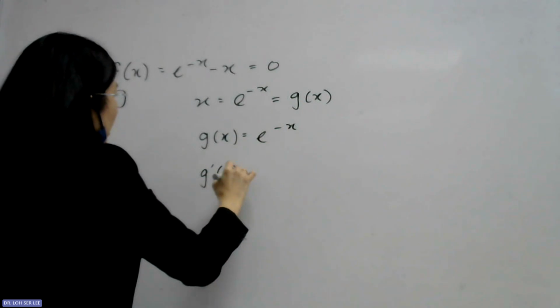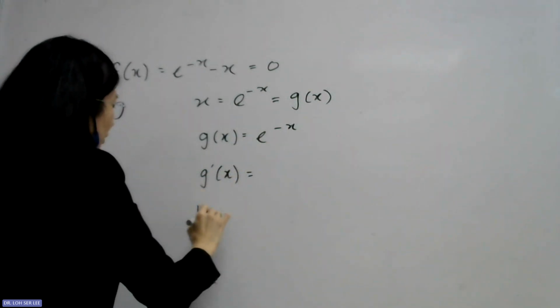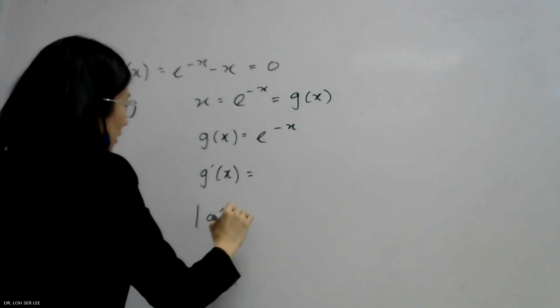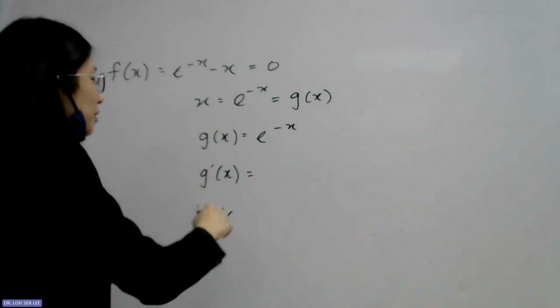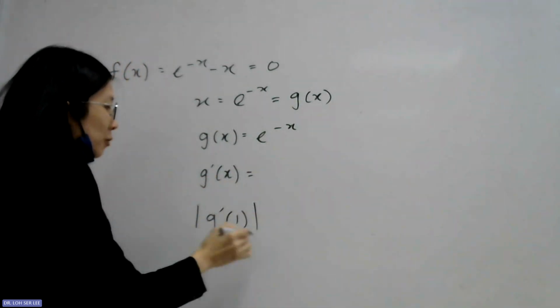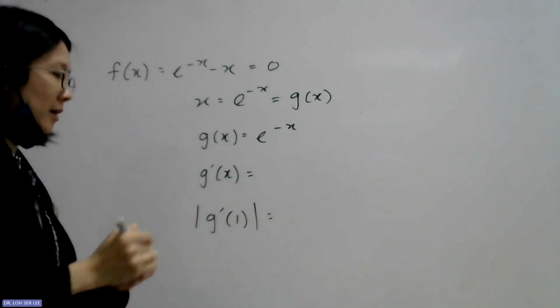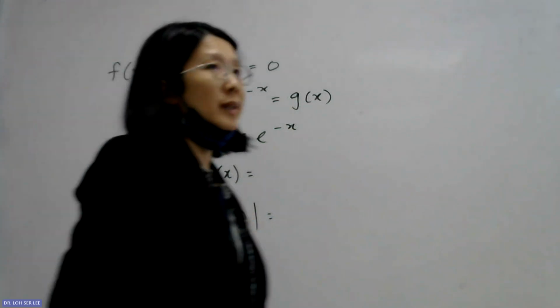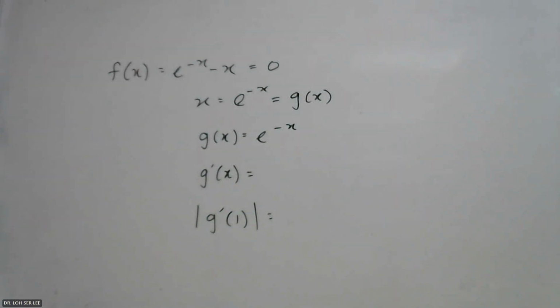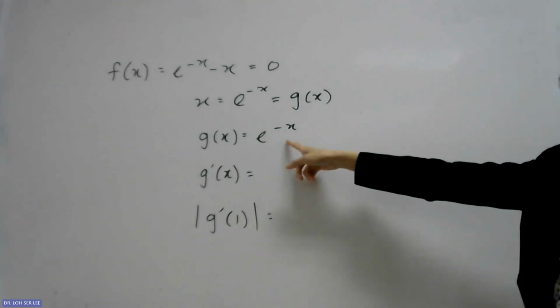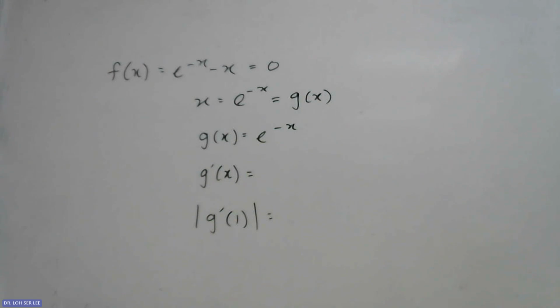So what is your g prime x? Then you need to test for this. Let's say you take 1 as your starting point. Then we have to look at this magnitude, whether it is less than 1. When you differentiate this exponential function, what do you get?